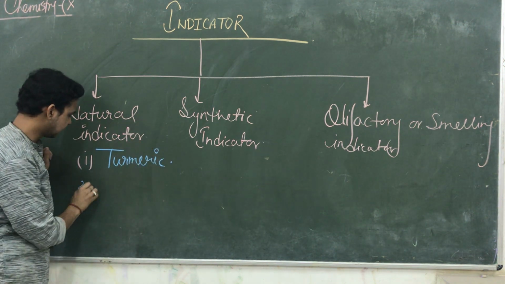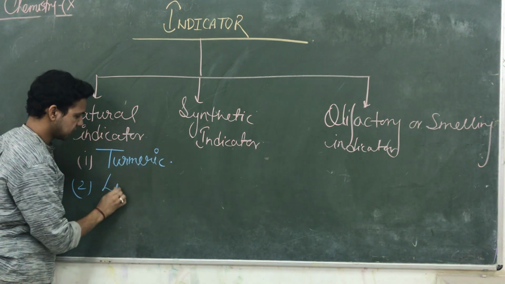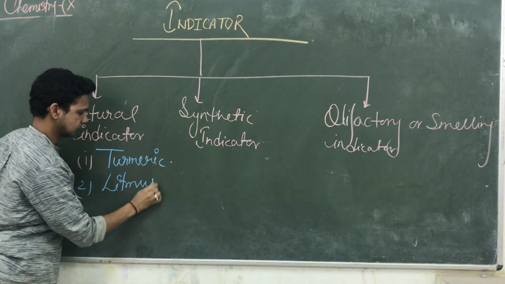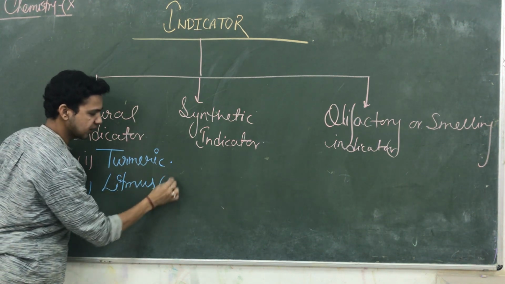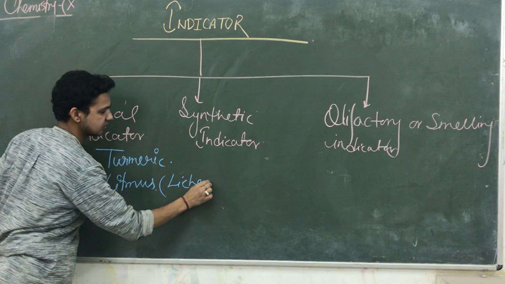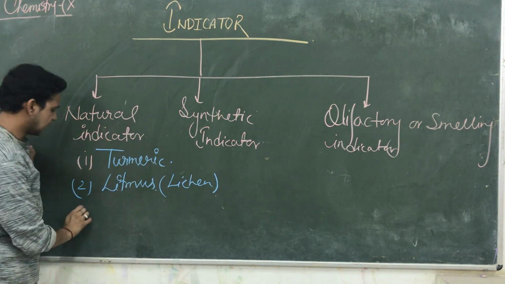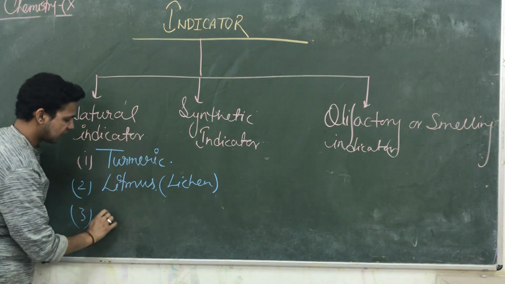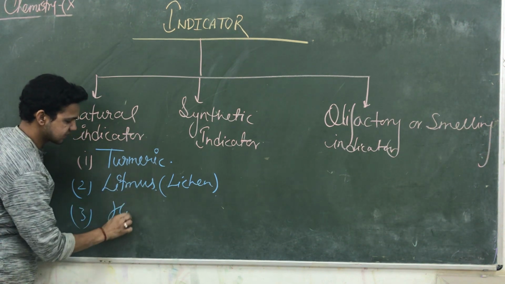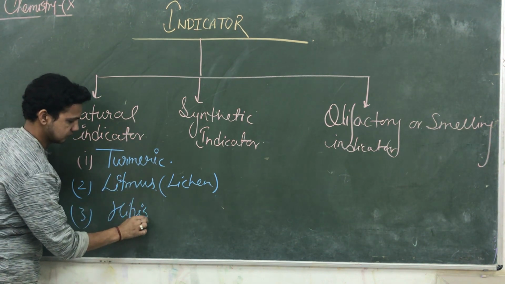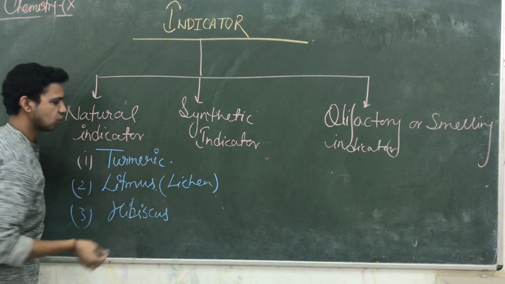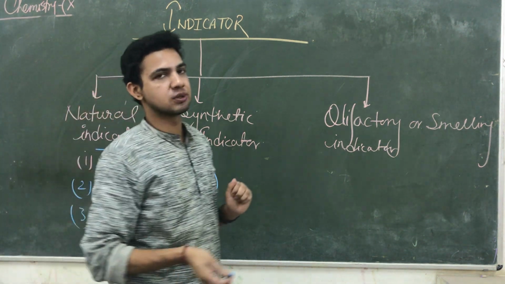The second one is litmus paper. Litmus is obtained from lichen. Lichen is a plant. The third one is a flower. Which type of flower? Hibiscus. So these are the natural indicators.